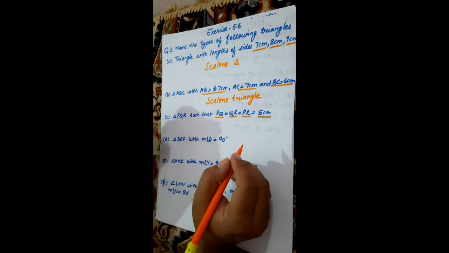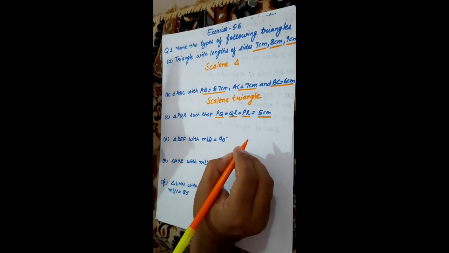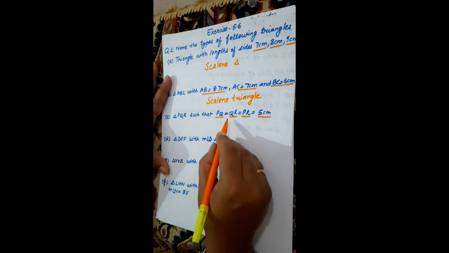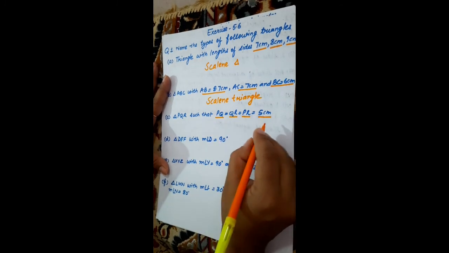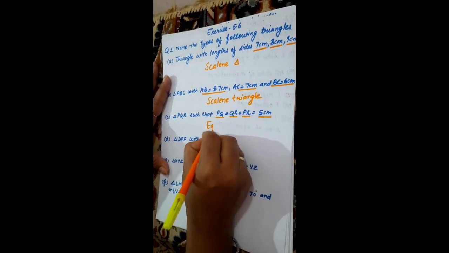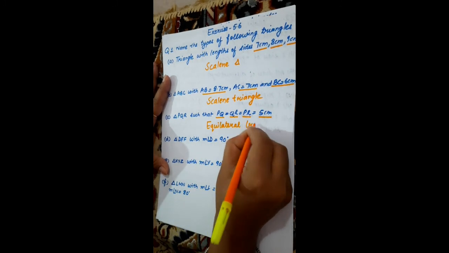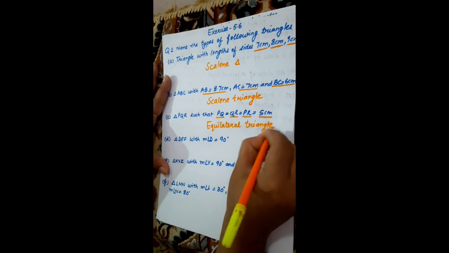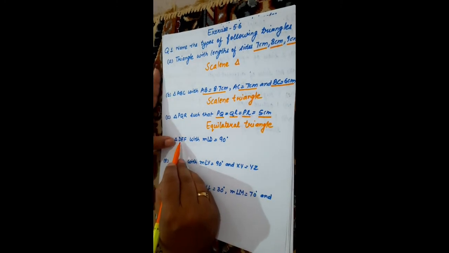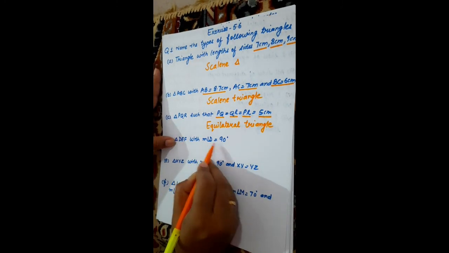It means all the sides are equal. If you have all equal sides in a triangle, then the triangle is called an equilateral triangle.